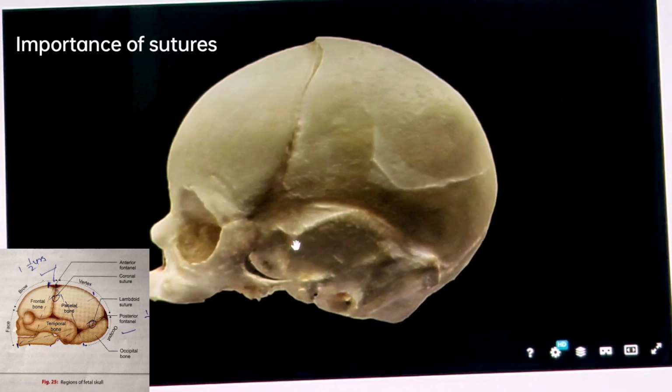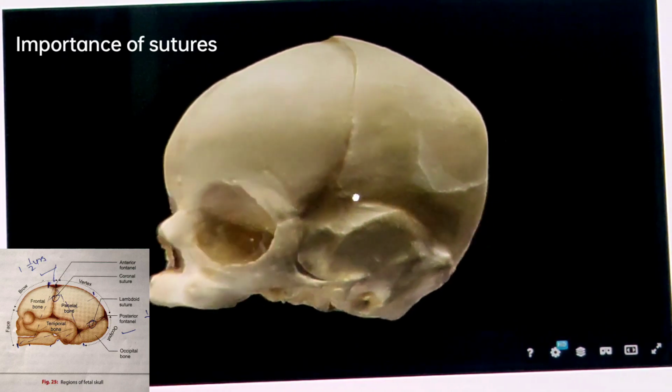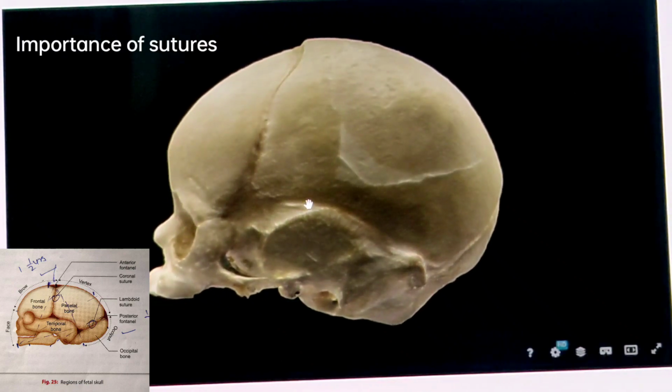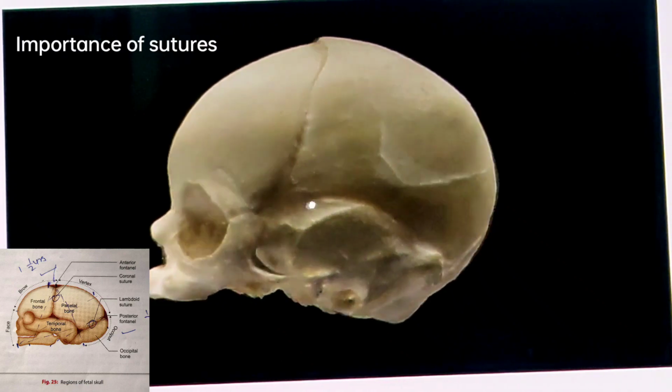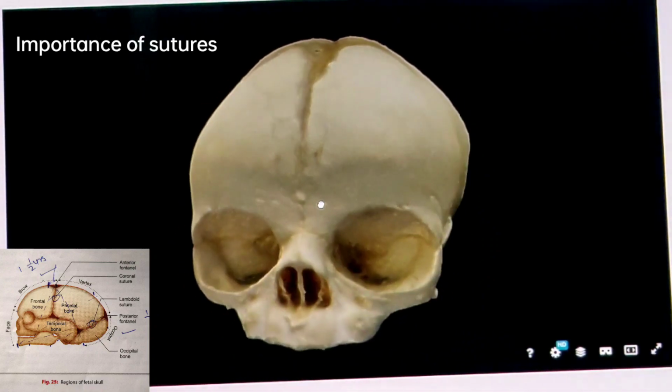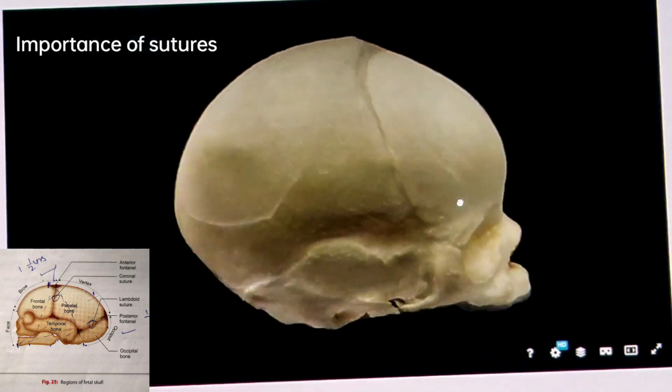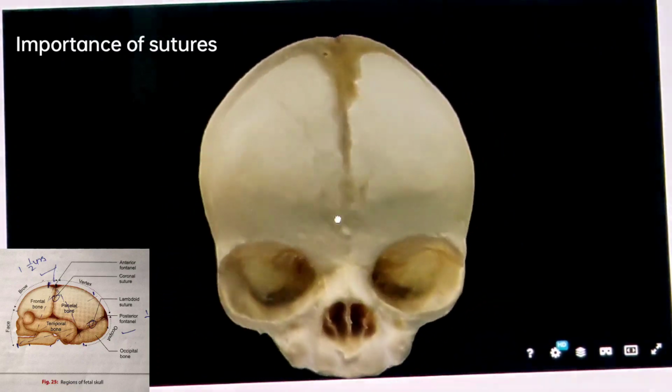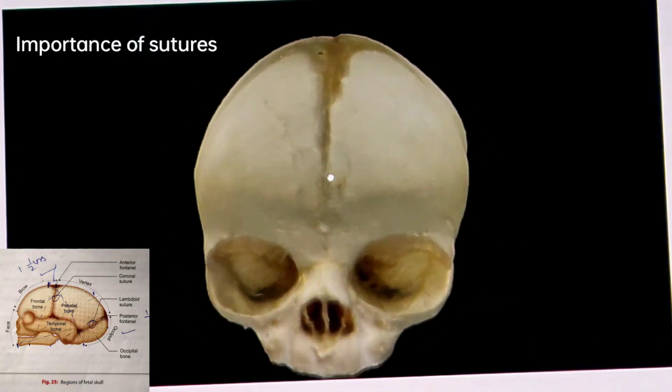Digital palpation of the sagittal suture during vaginal examination in labor gives an idea of engagement of the head. Engagement of the head in the pelvis is very important for labor and for the delivery of the fetus.